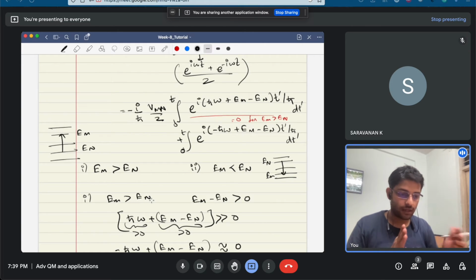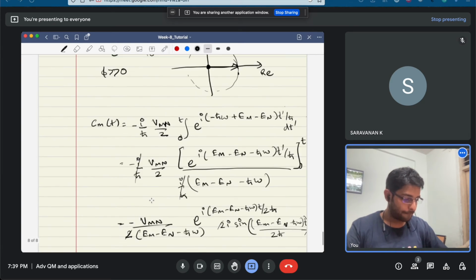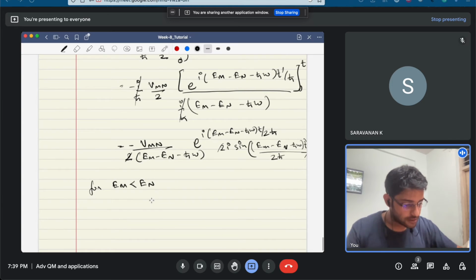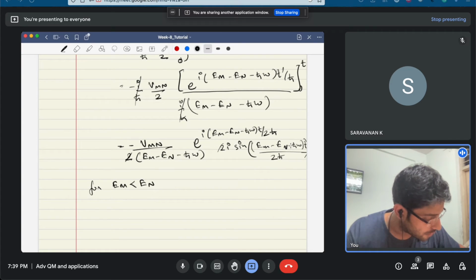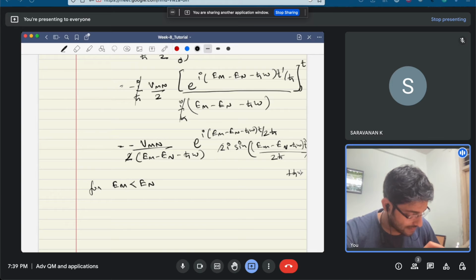Because then your Em minus En is negative, and minus h bar omega is also negative, so again it's a very fast rotating function, and that goes to 0, and only the first term remains. So in that case you get a plus h bar omega instead of a minus here. So here you have minus, and this becomes plus h bar omega for Em less than En.